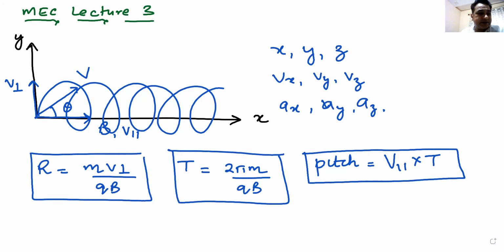That is correct. What about Vx? Vx is v parallel, sir. Okay, so we have at least something to play around with. X will be v parallel times t, correct?